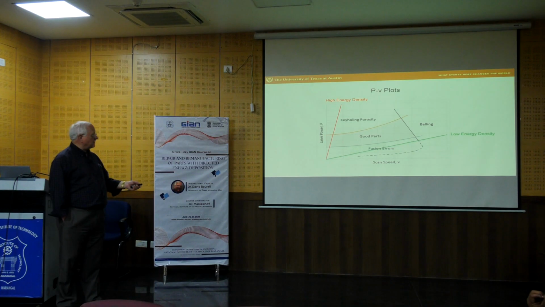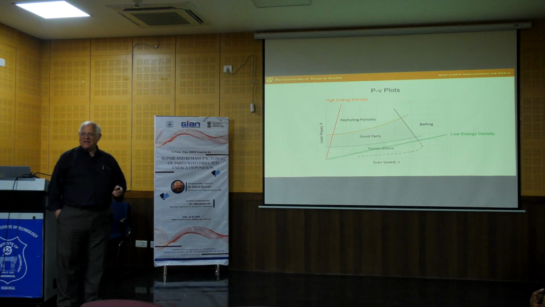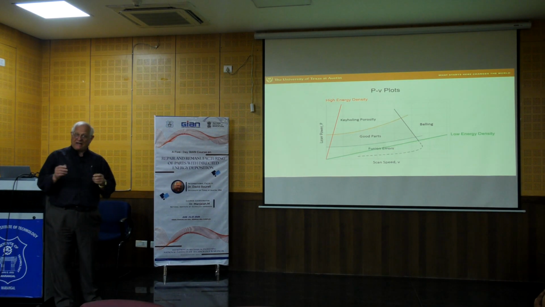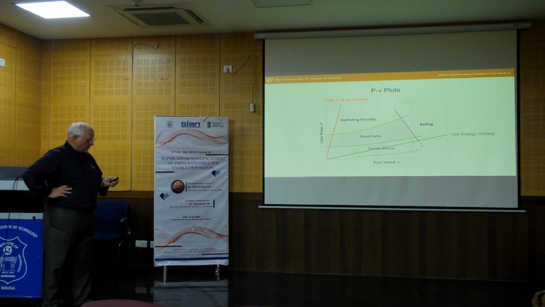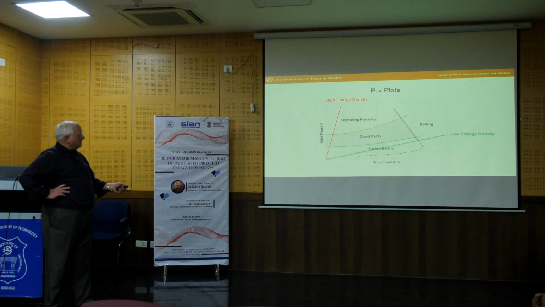So this can create parts that have good density. But suppose we want good mechanical properties. This was, I think, the most important part of their grant: they discovered that if I want good mechanical properties, I obviously want to be in the good part region, but I want to be right below this line, way up here at the highest possible power.